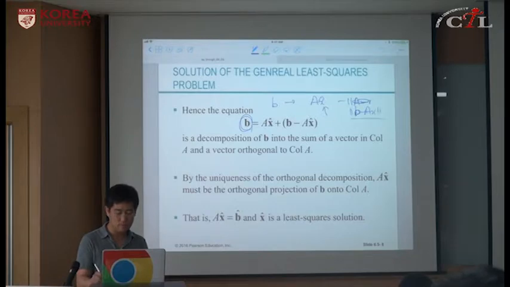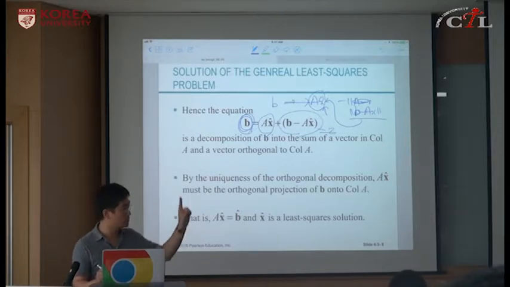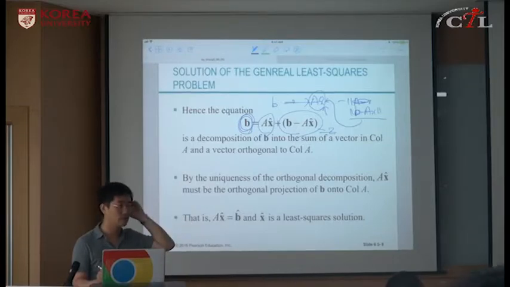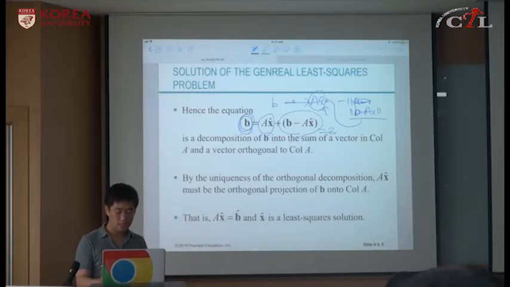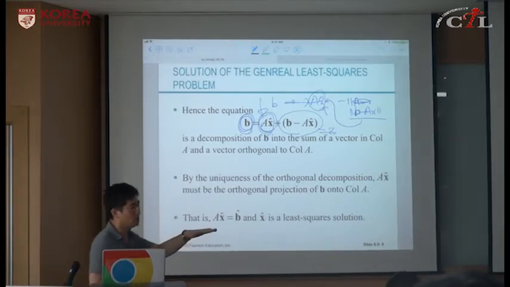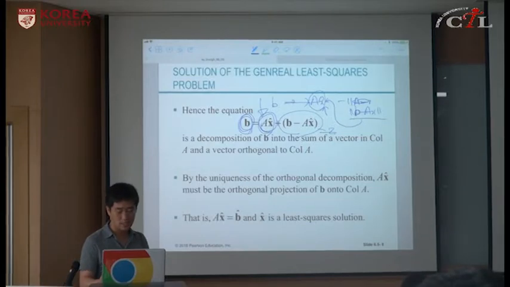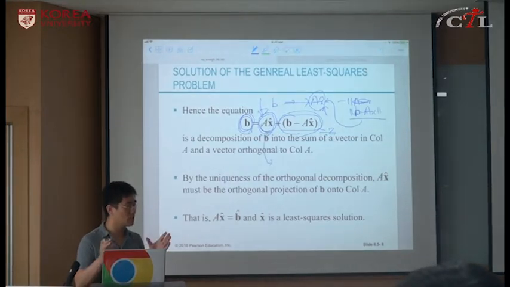So the minimizer of this is x hat, and then this b is now represented as two parts: Ax hat plus this other part. So this is our z part, a perpendicular, orthogonal vector. In this case, Ax hat can be considered as the orthogonal projection onto the column space of A, and this is our other term. So that corresponds to the orthogonal projection and the orthogonal decomposition theorem.